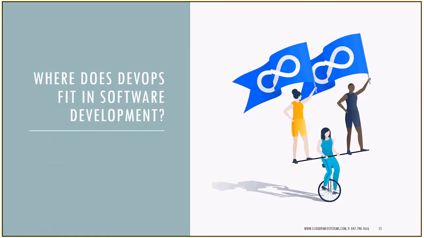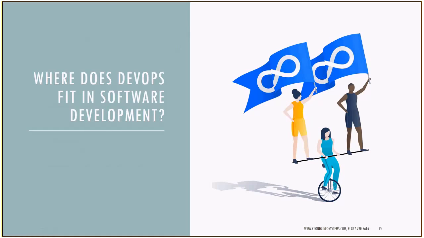Now where does DevOps fit in the software development? So we would typically consider the software development industry as a mindset of, say, people sitting and writing down code. But that's just a narrow way of thinking about what software developers do.